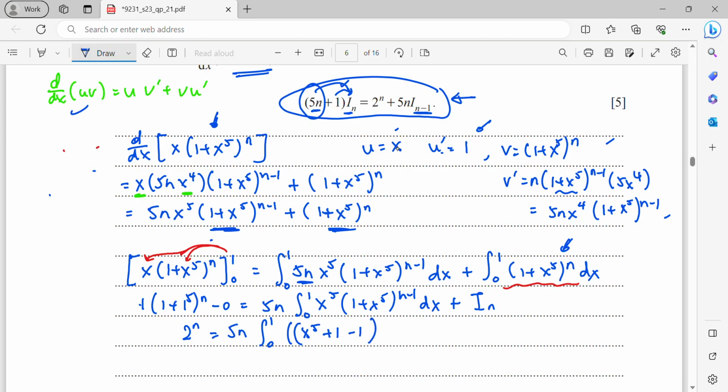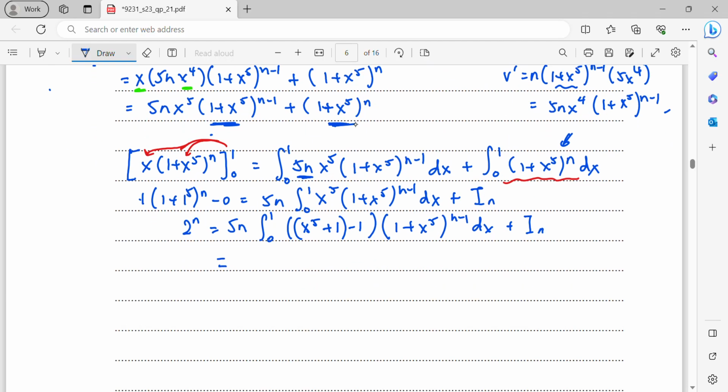Okay, then I group the (x^5 plus 1) as one term. So when I swap the terms, it will be (1 plus x^5) multiplied with (1 plus x^5) to the power of n minus 1 dx, then plus I_n. Then next step, I will treat this as one term and then multiply to this. So it is exactly the same term. It's just that this is power 1 and this is power n minus 1.